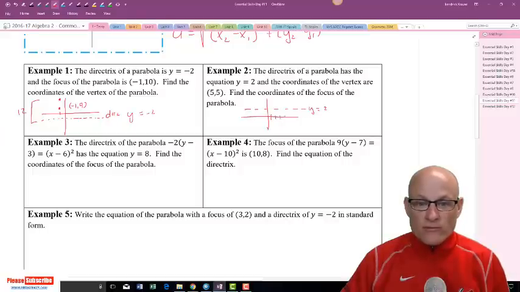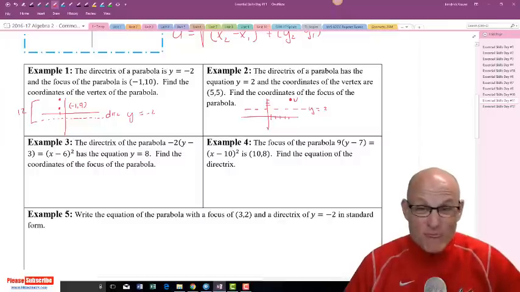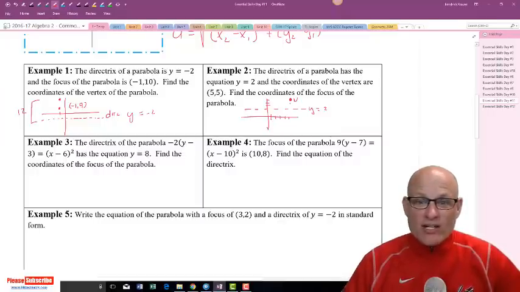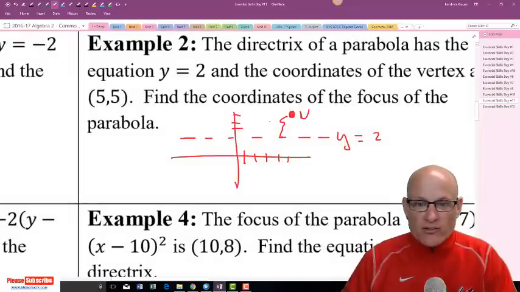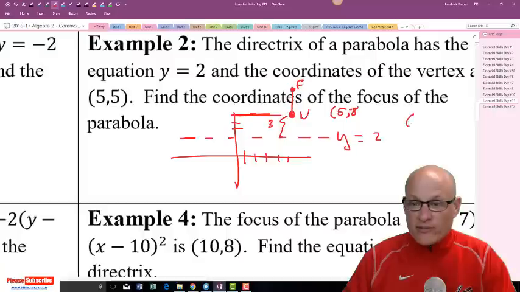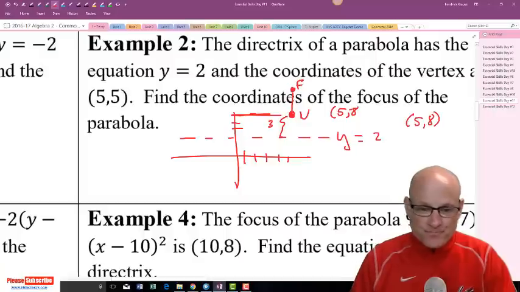That's the vertex. The vertex is halfway in between. So from here to here is 3. That means I have to go up another 3 to get to the focus. This is up 5, so I have to go up 3 more: (5, 8). So the answer is (5, 8).